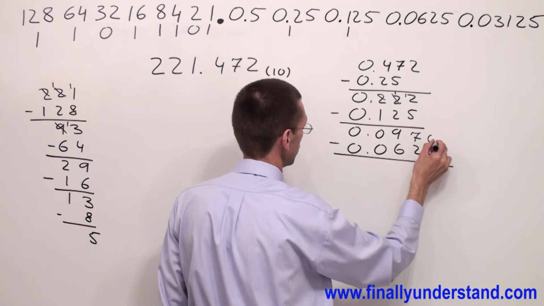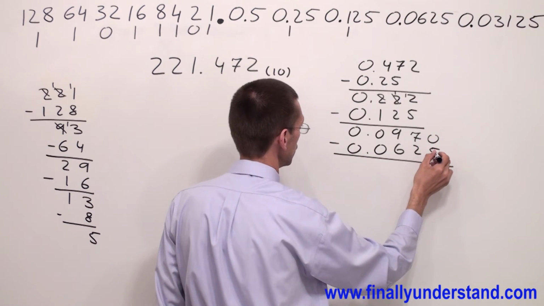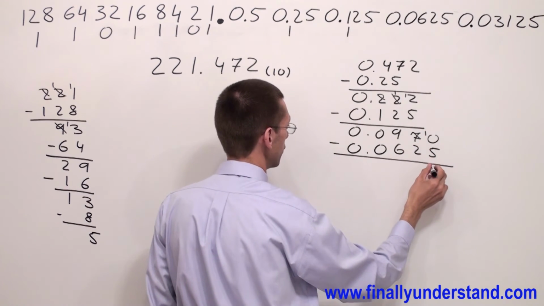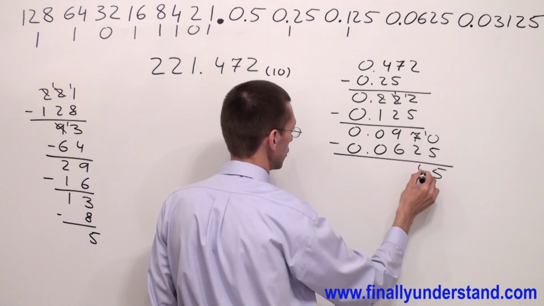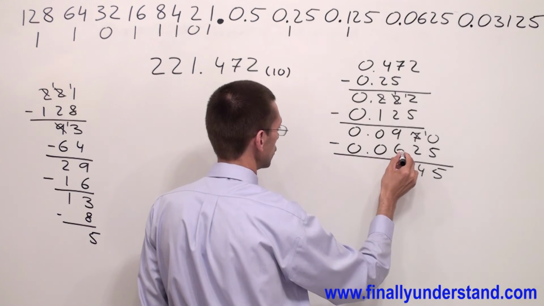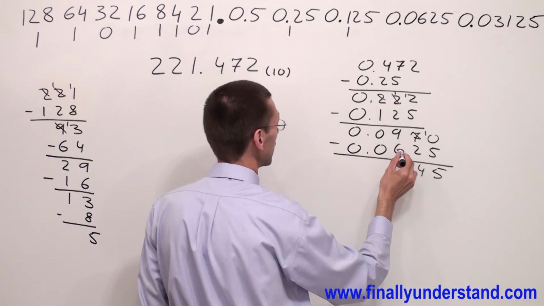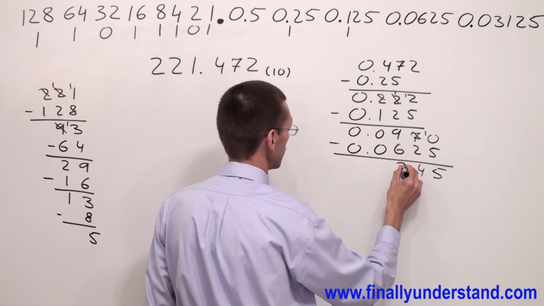Subtract. We have 0 over here, right? So I have 10 minus 5 is 5, and I have 6 minus 2 is 4. 9 minus 6 is 3.